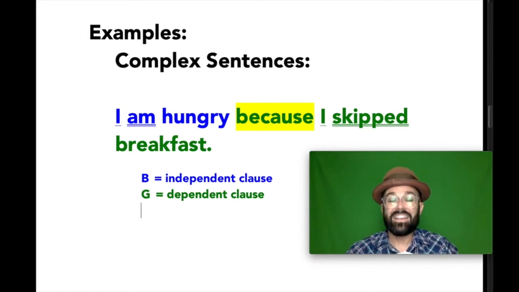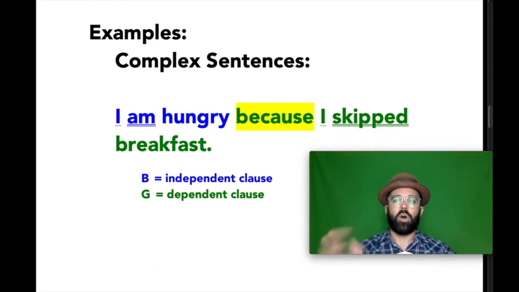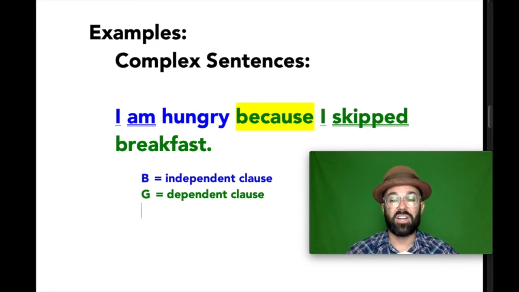We need the independent clause, I am hungry, to understand because I skipped breakfast. But also you'll notice that we have two subjects, even though it's the same pronoun, I, and we have two different verbs, am and skipped. We have two different clauses, one independent clause and one dependent clause. When joined together, they create what we call a complex sentence. That's a complex sentence. Let's look at some more examples, though.